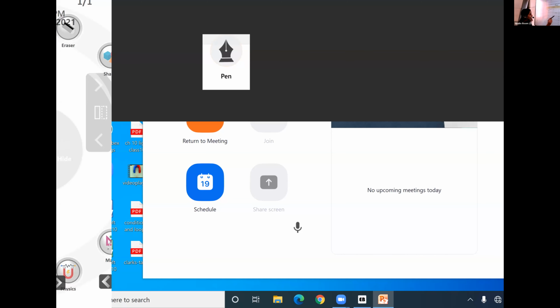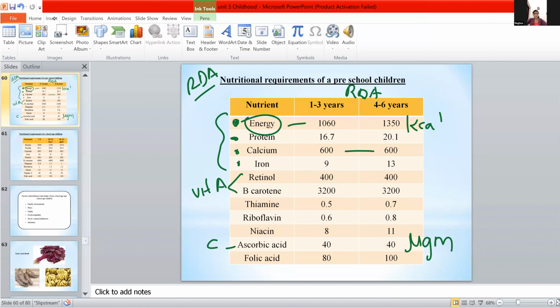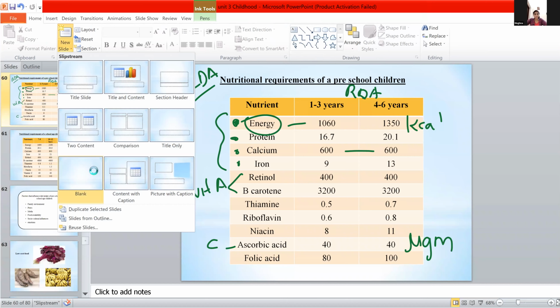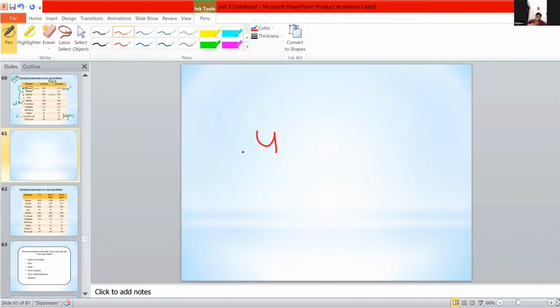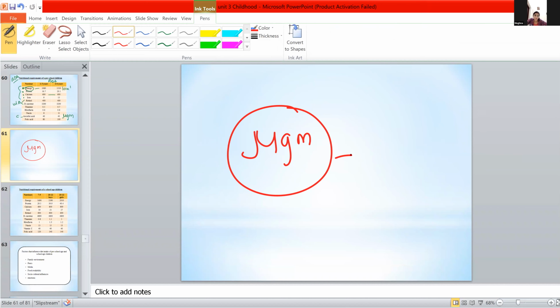This is the symbol for folic acid, the unit of folic acid, which means microgram.